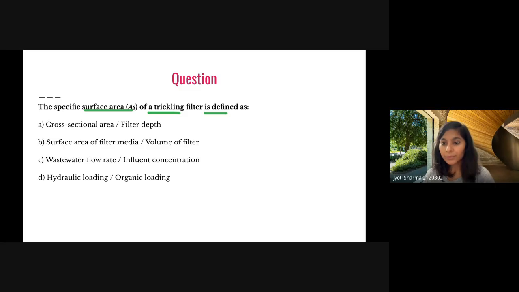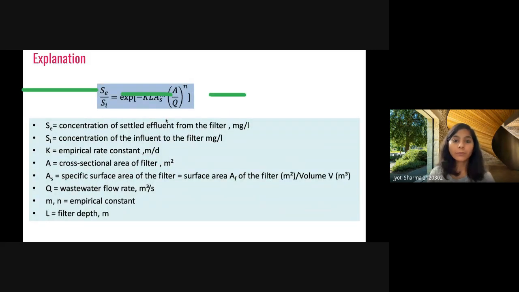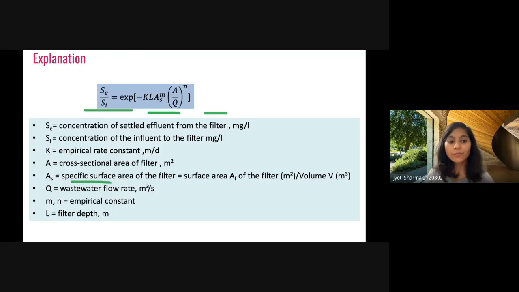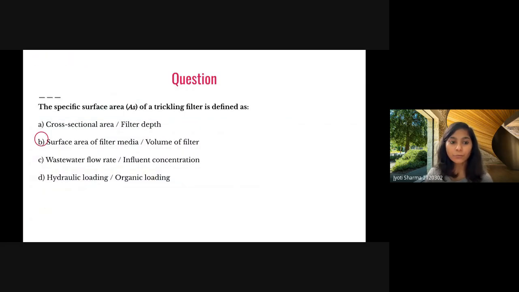Dia gave me B. Priscilla also gave me B, and Venkateshwara. Yes. So you people gave me B, and I also agree with this. Here we talked about this, right? AS is the specific surface area of your filter, and that would be the surface area of your filter upon volume. From that terminology, we had the options, so the B option will be the right one.